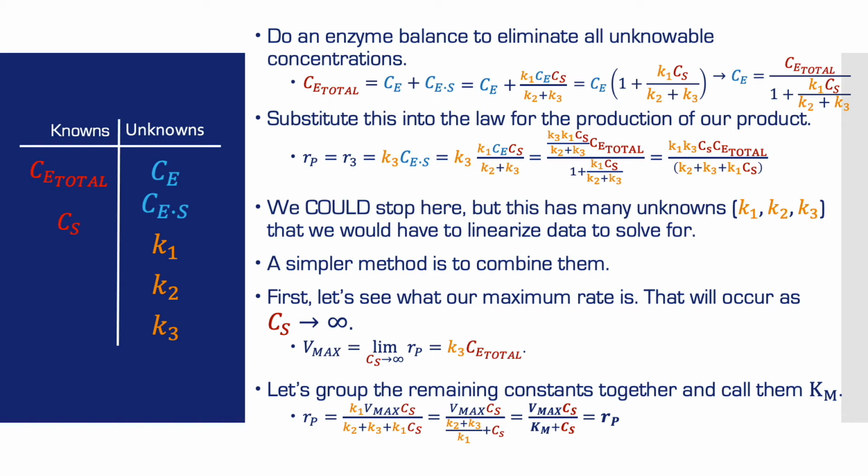Now, all of the rate constants can be combined to form Km, thus making the rate of production of our product equal to Vmax times Cs over Km plus Cs.